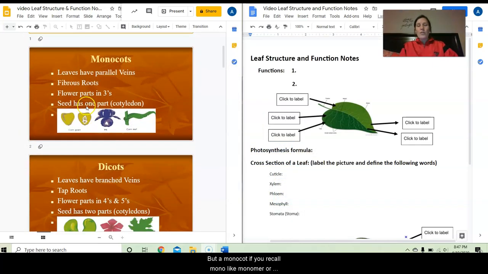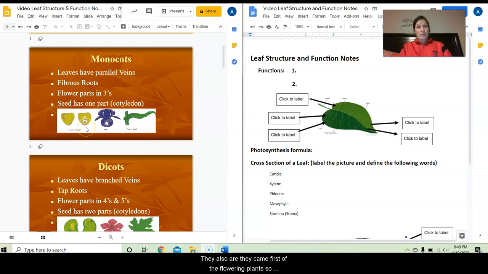But a monocot, if you recall mono, like monomer, monosaccharide, hopefully you remember that mono means one. So it's going to have one cotyledon. Mono means one, cot means cotyledon. When we get to seeds and flowers, we'll talk about what a cotyledon is, but monocots have one.